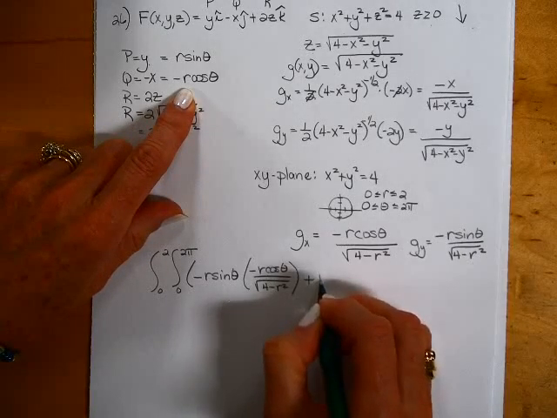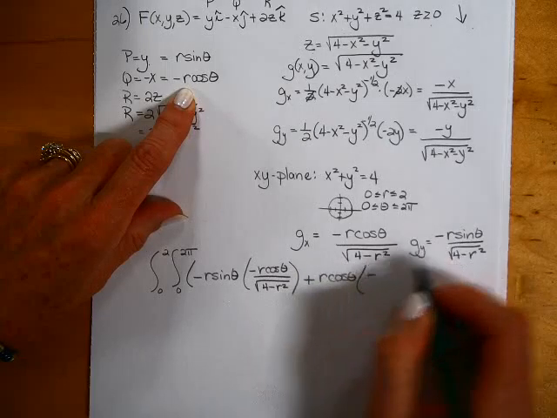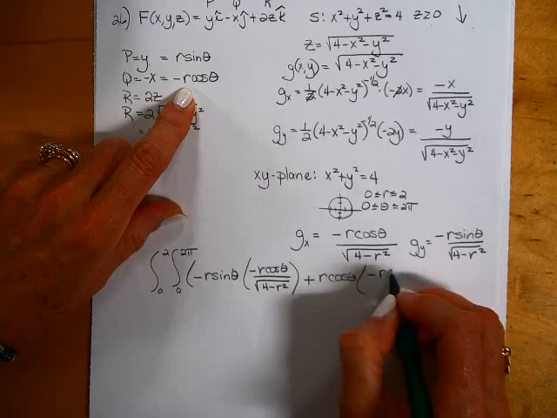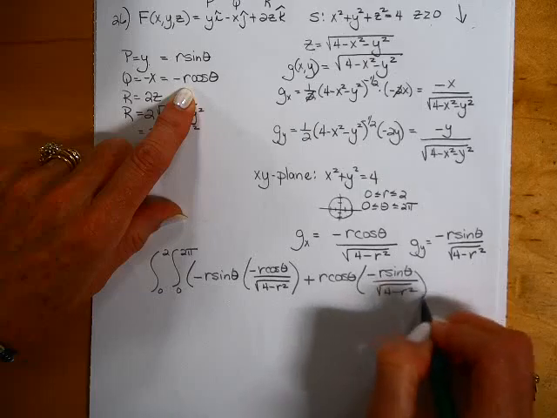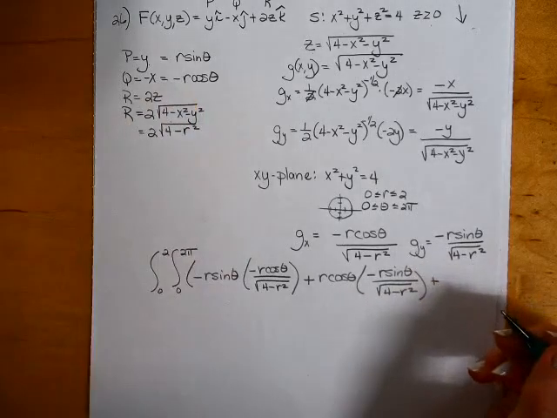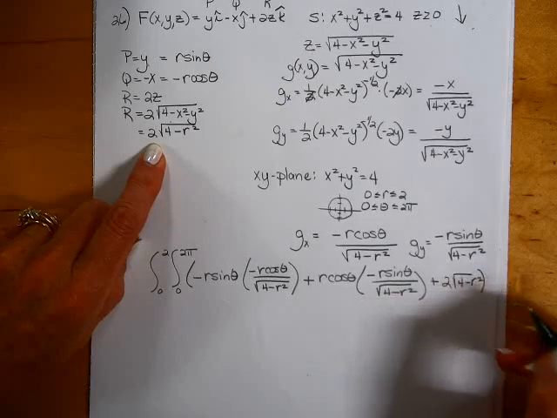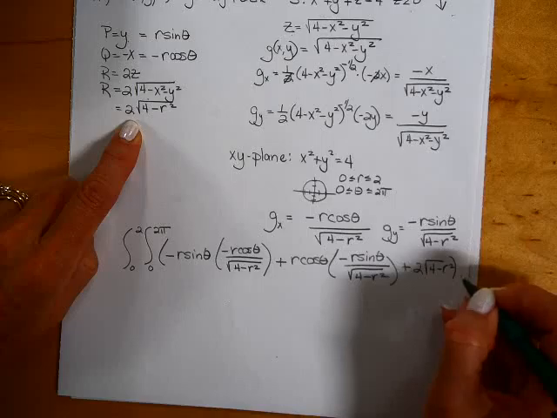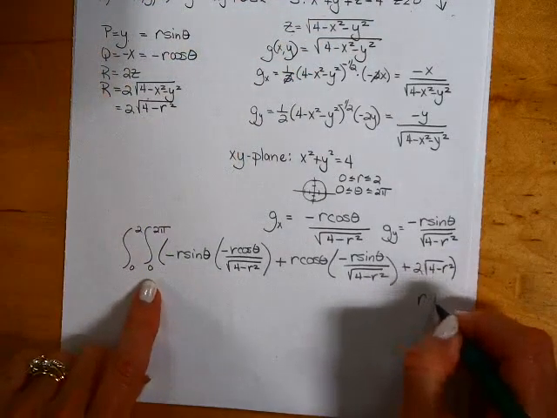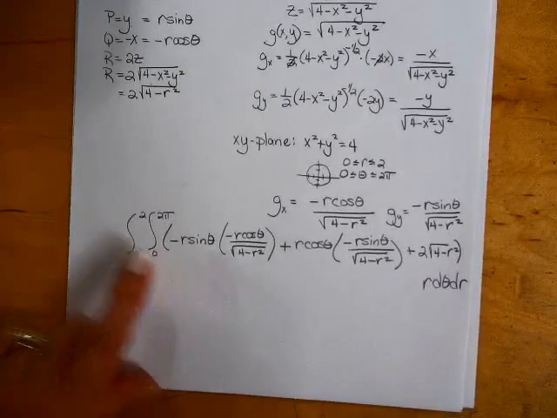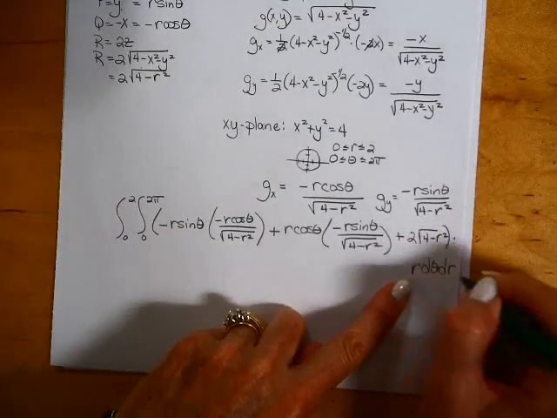Minus a minus is going to make that plus r cosine theta, so partial with respect to y, plus my R, which is this, 2 times the square root of 4 minus r squared, and I'm running out of room. I need an extra r in this problem, and then I need my d theta and my dr. Okay, all this is supposed to be multiplied times that.